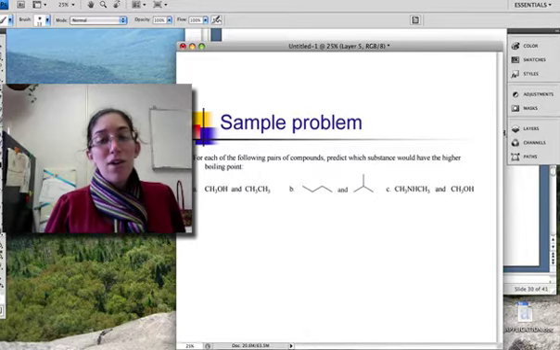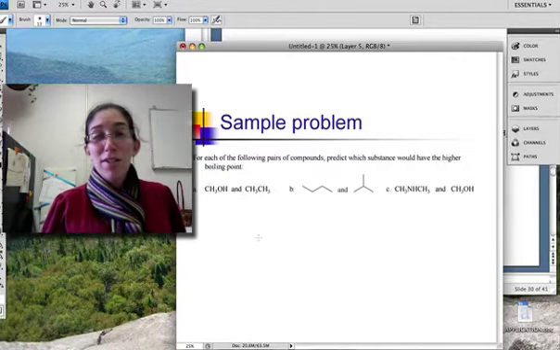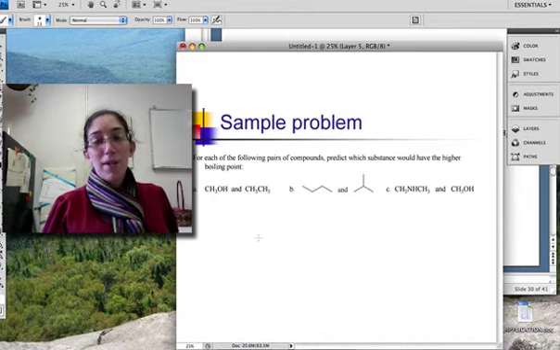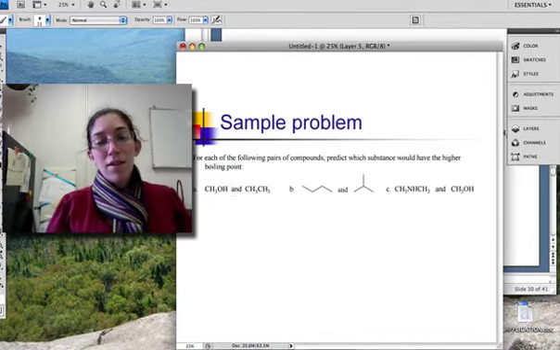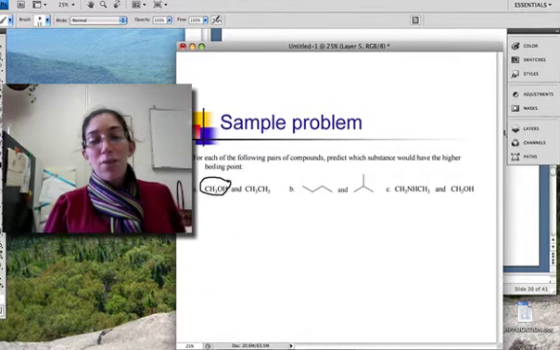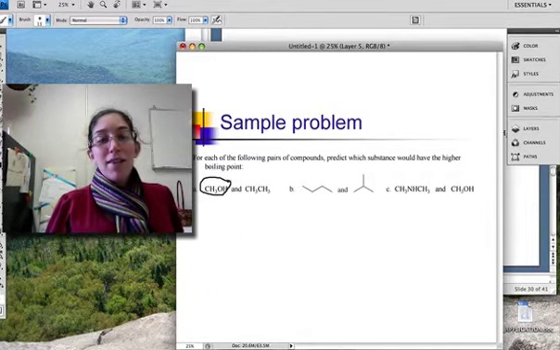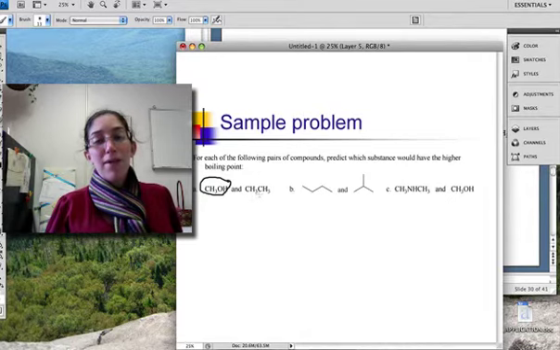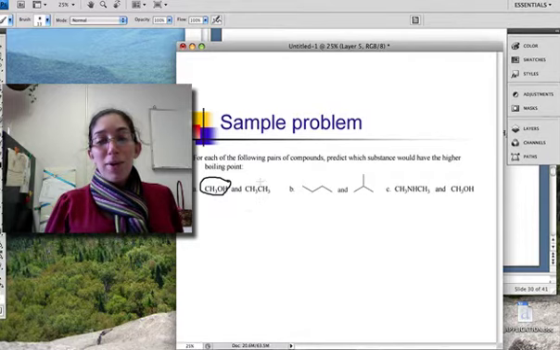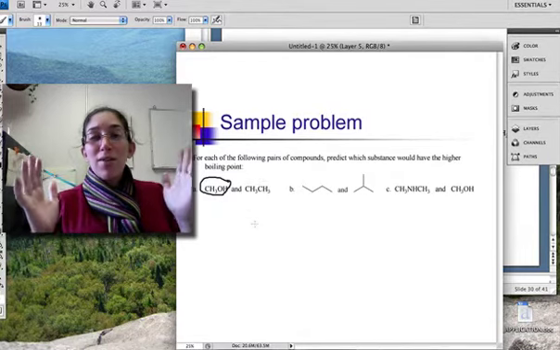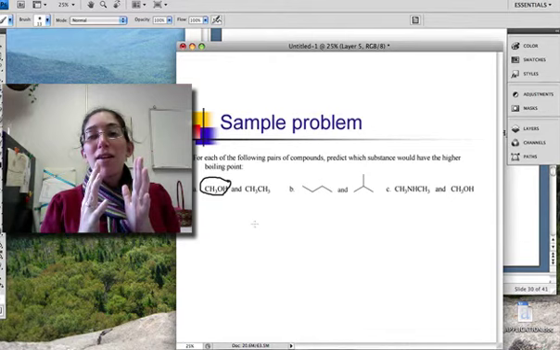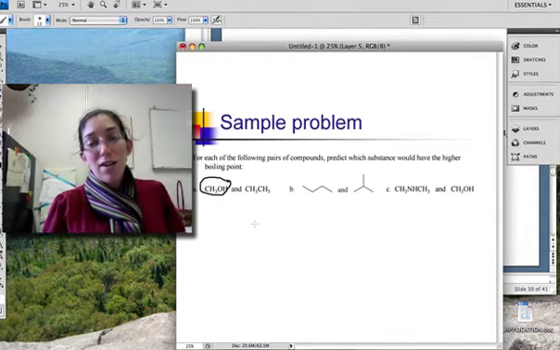So, CH3OH versus CH3CH3. So, methanol versus ethane. Which one do you think has a higher boiling point? This is the correct answer, methanol. Hopefully you got that too. Why is that? Because ethane's boiling point is based on the fact that ethane molecules are nonpolar and are held together by London forces, which are not very strong.